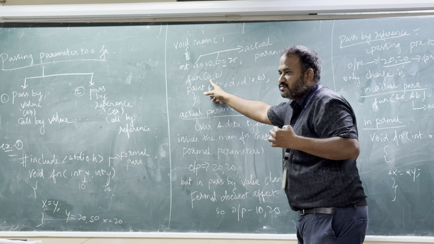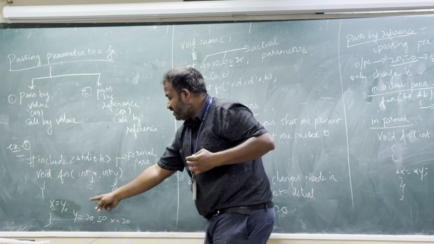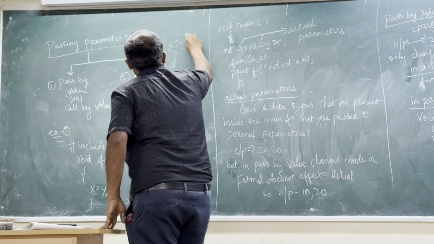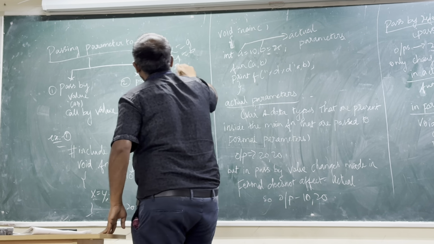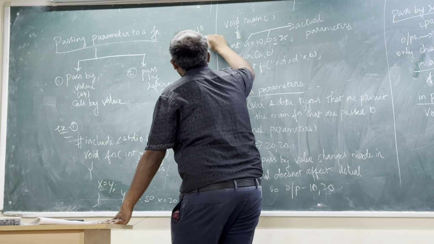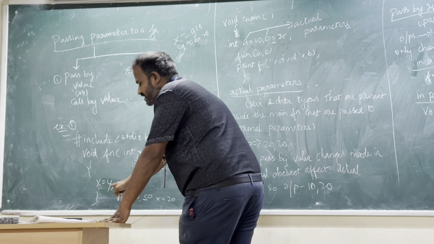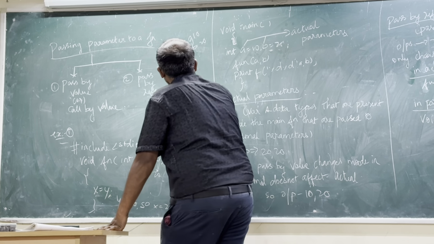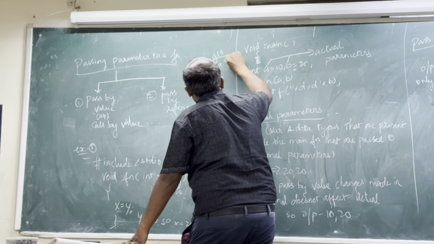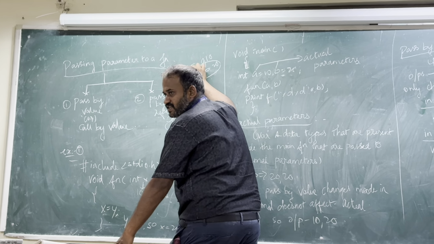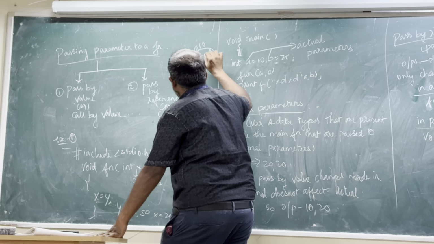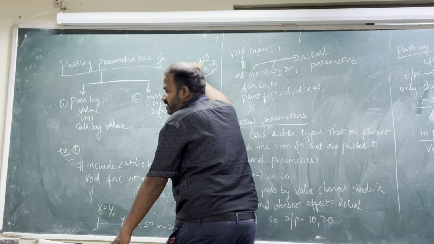The value of a is changed here, right? 20. See, listen here: x = a, y = b. Now a is 10 and b is 20. I am giving the condition x = y, so whatever the value of y is, that becomes the value of x.